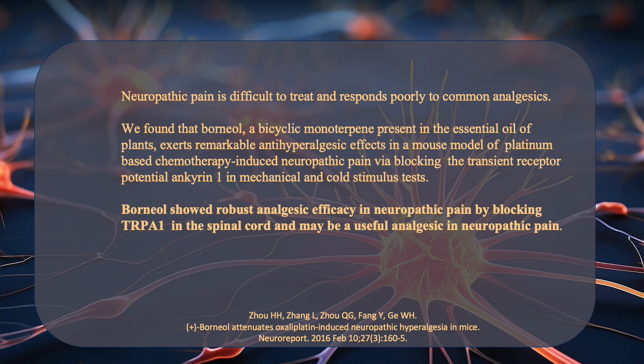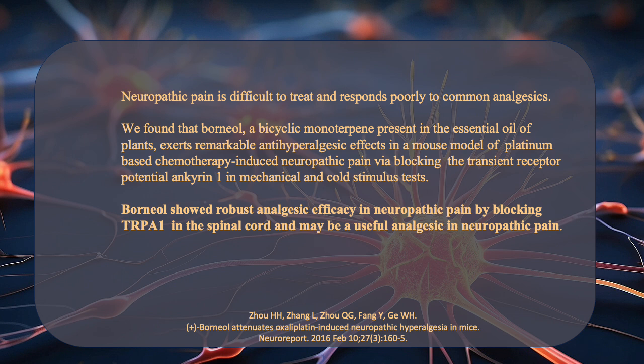Neuropathic pain is notoriously difficult to treat and typically responds poorly to common analgesic medications. Researchers have discovered that borneol, a bicyclic monoterpene found in the essential oil of various plants, demonstrates remarkable anti-hyperalgesic effects in a mouse model of platinum-based chemotherapy-induced neuropathic pain. This effect occurs through blocking the transient receptor potential ankyrin-1, or TRPA1, channel, as demonstrated in both mechanical and cold stimulus tests.